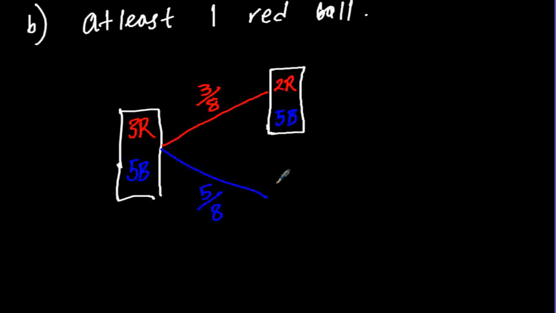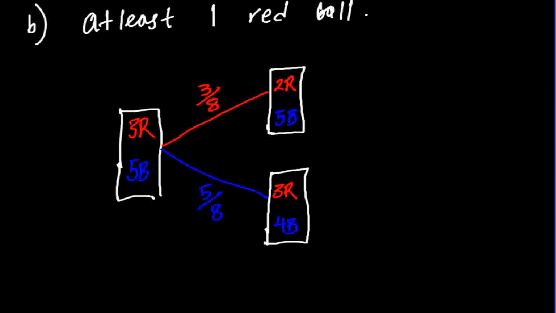Then if we pick a blue, the total number of red balls don't change, remain 3, but the blue balls reduce to 4. So this is the first picking, and this has happened to the bag, either this or that.